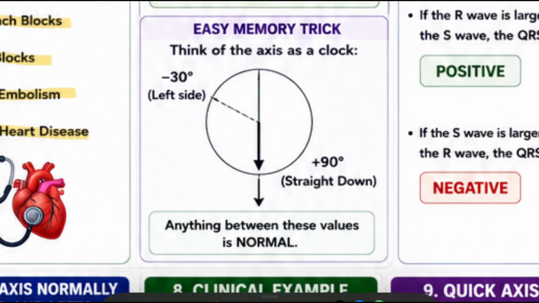So we have one easy memory trick. You can see this sphere. Think of the axis as a clock. So on the left side you can see minus 30 degrees. Straight down you can see plus 90 degrees, so anything between these values is normal.